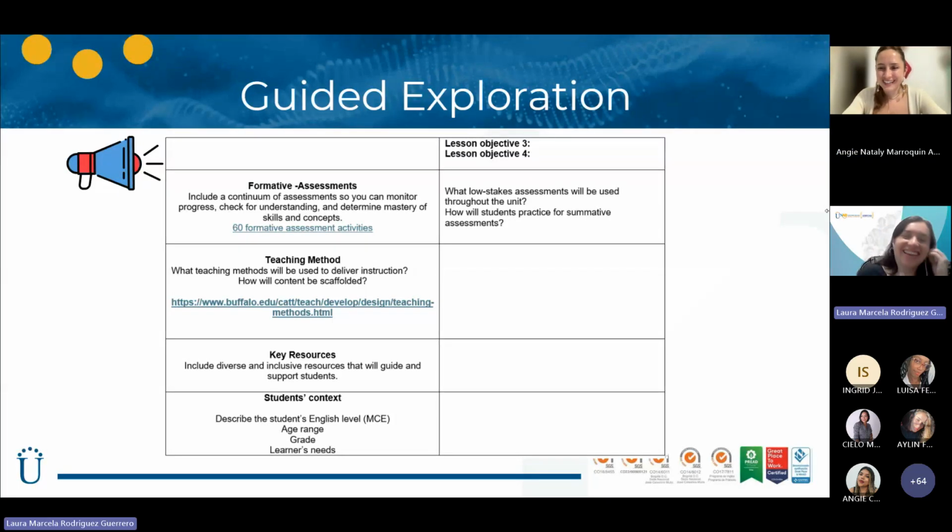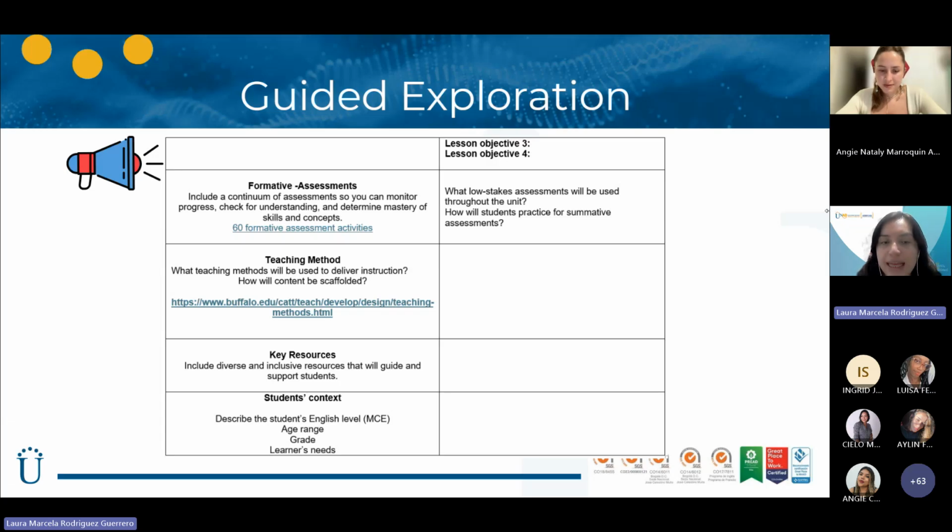Thank you. Okay, now we continue with the formative assessments. This part is really, really important. So you have to include a continuum of assessments so you can monitor progress, check for understanding, and determine mastery of skills and concepts.